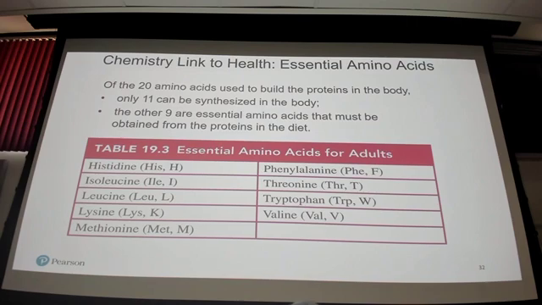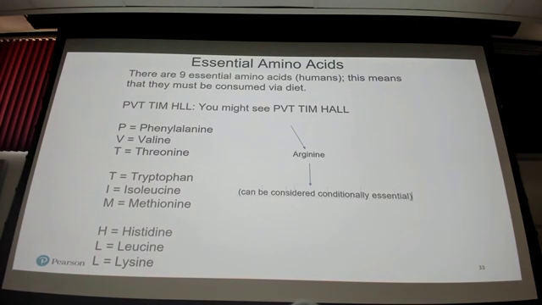Sometimes you might see asparagine as being an essential amino acid, but it's conditional. If a person experiences trauma and has severe burns, then it becomes an essential amino acid, and it is found in foods.